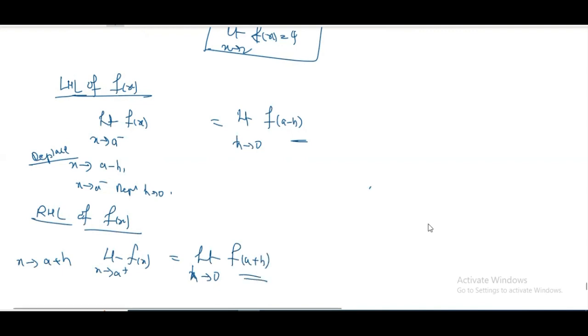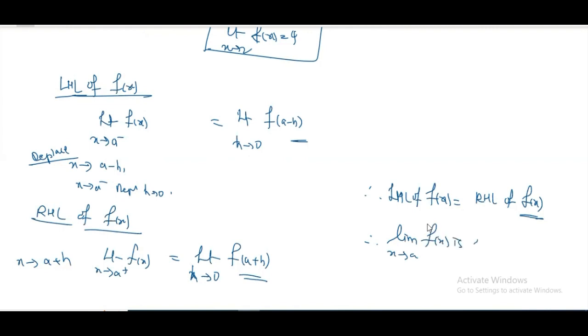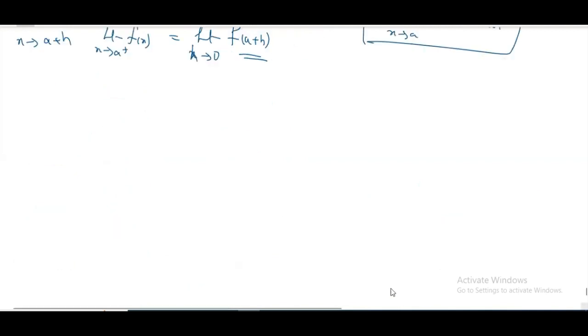So when the left hand limit of f of x is equal to the right hand limit of f of x, the limit of f of x as x tends to a exists, otherwise it does not exist. Hope you understand very clearly how to find the limit of a function f of x. These are the basic things we should know to find the limit of a function.